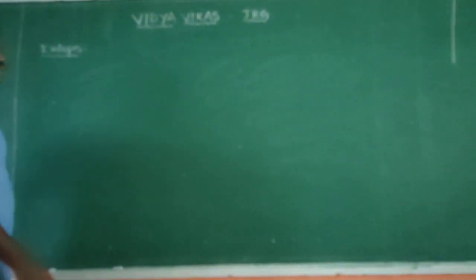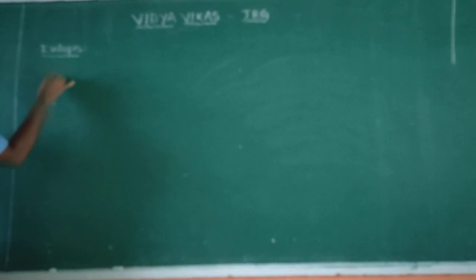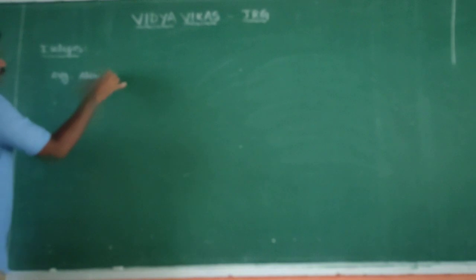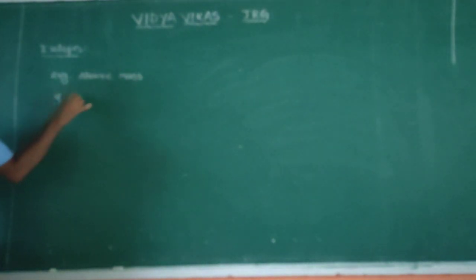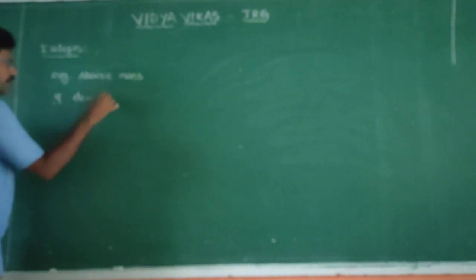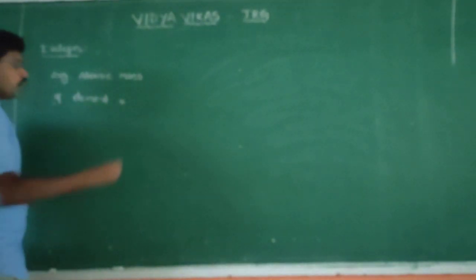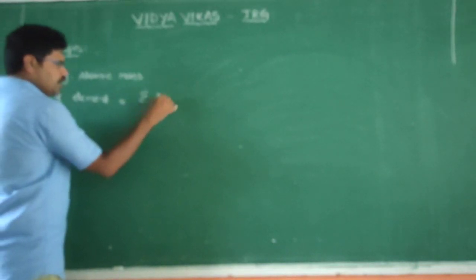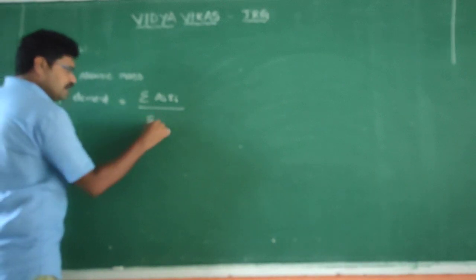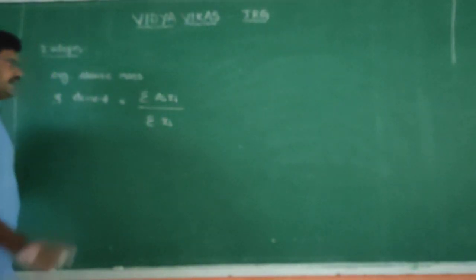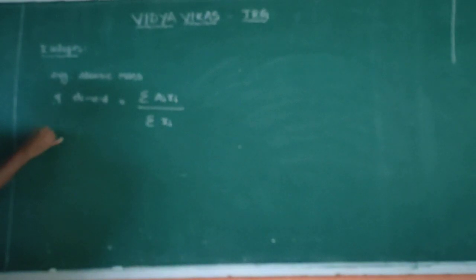Now, students, we are ready to know the formula used to calculate the average atomic mass of an element. Most important one. The formula is summation AiXi by summation Xi. What is Ai here?